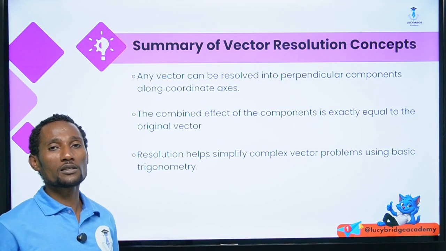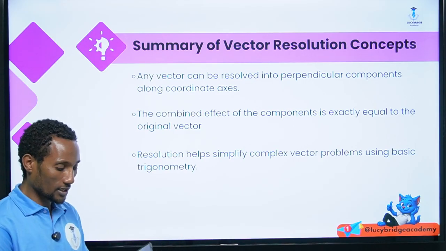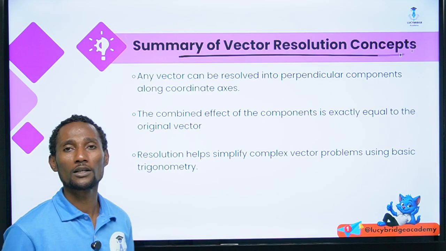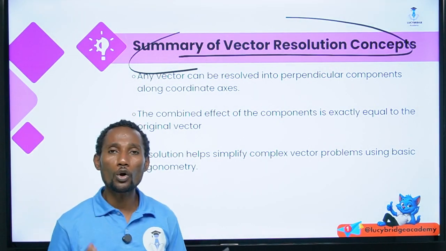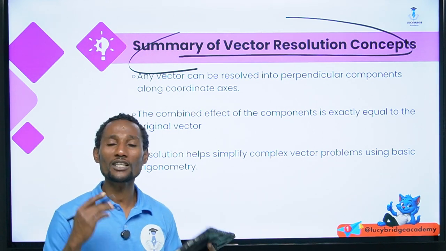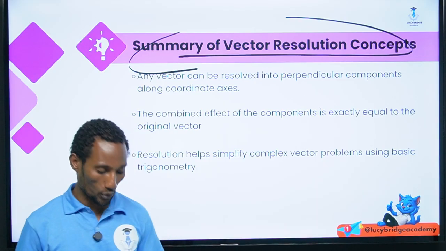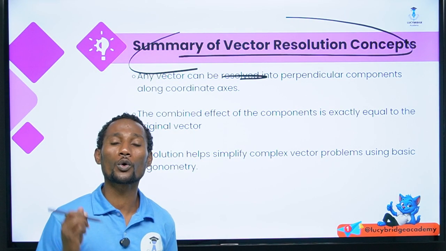So in the last lesson, we discussed a basic summary of the vector resolution concept. Resolution means simply splitting one vector into two different components. A vector can be resolved into vertical and horizontal components.